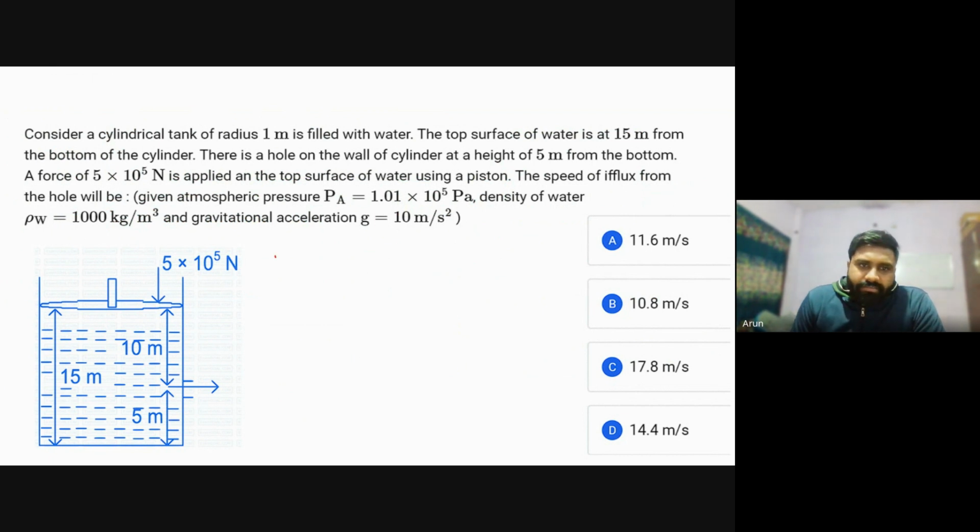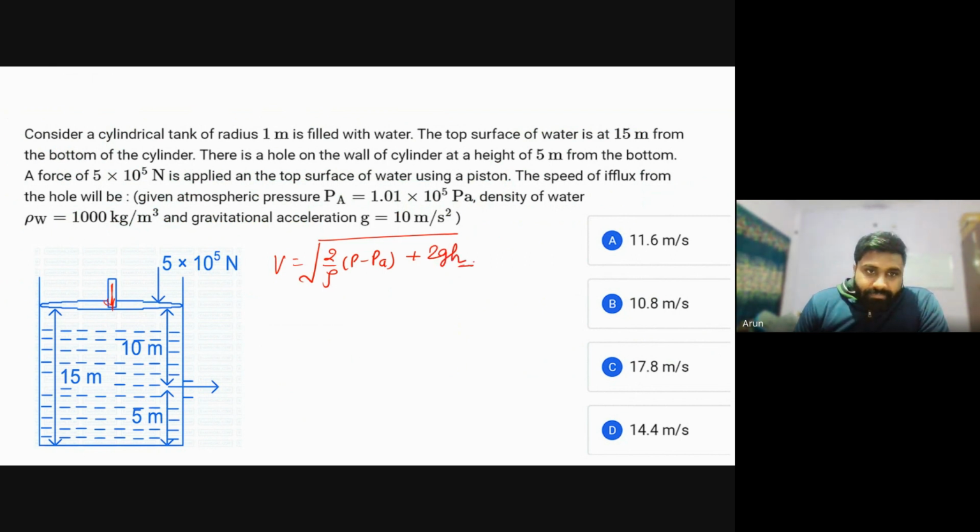Okay, so we know that the speed of efflux will be the square root of, because this surface is not open, it is closed, and an external force is applied to it, so the pressure is not the same as atmospheric pressure. So we have to calculate it like the square root of 2 upon rho (P minus PA) plus 2gh, where PA is the atmospheric pressure.